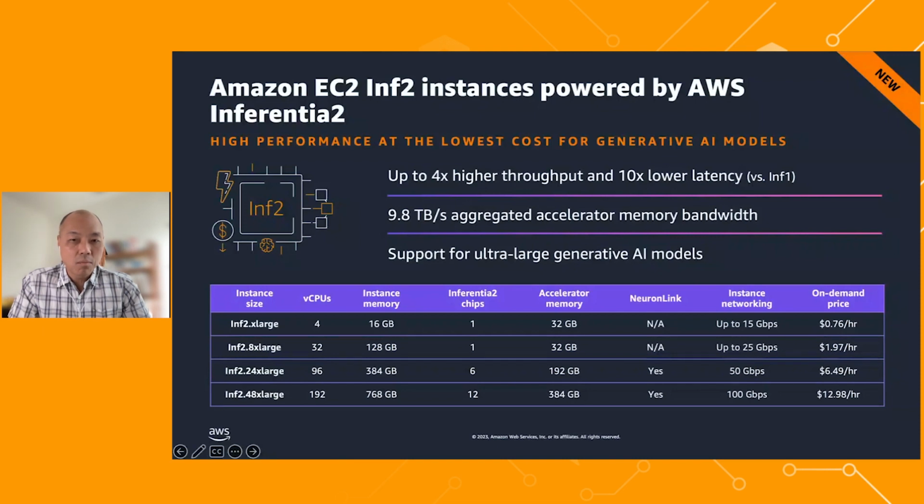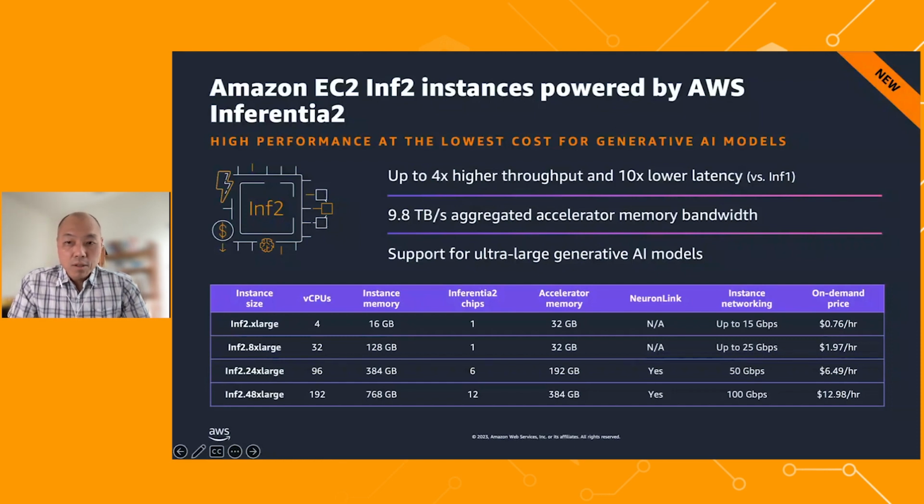So that becomes very important when you talk about inferencing a large language model and producing the output in a timely manner. So for that, we designed NeuronLink, which is a direct communication between instances that minimizes data movement and bypasses the data going through the CPU. That also reduces a lot of the latency in data movement.